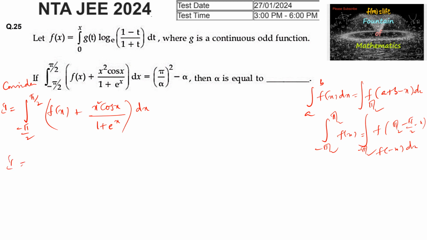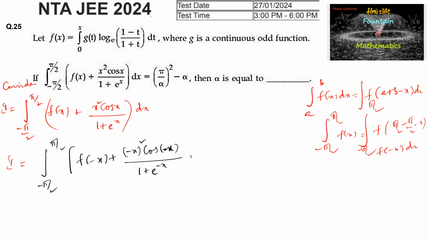So we can also write I is equal to the integral from minus pi by 2 to plus pi by 2 of ((minus x) whole square into cos of negative x) divided by (1 plus e to the power negative x) dx.